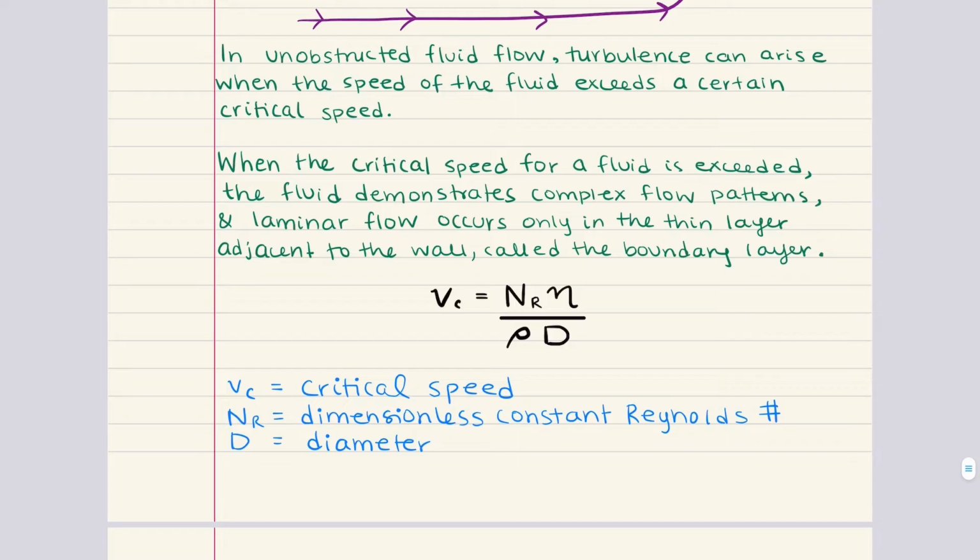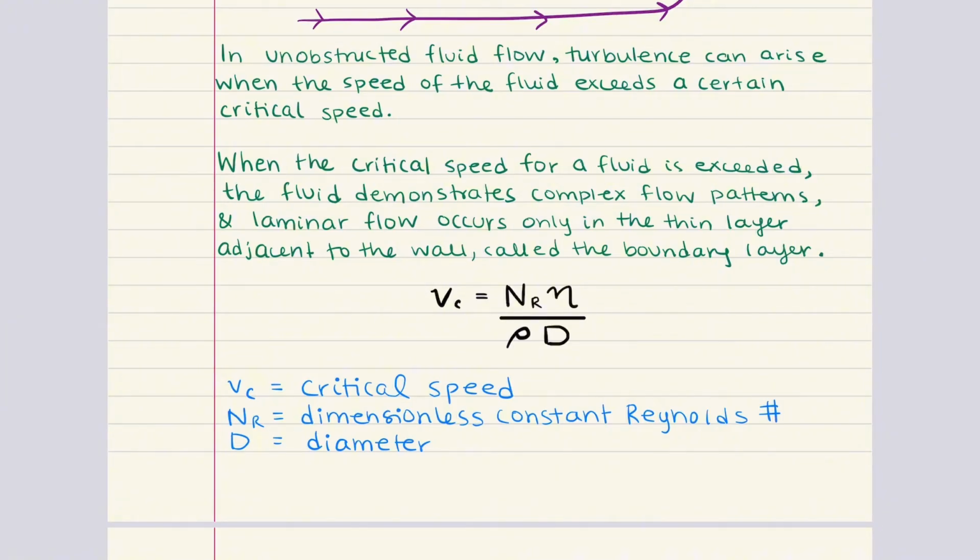When a fluid flows through a pipe or over a surface, as long as its speed remains below a specific threshold, the critical speed, it will continue to flow in a laminar manner. However, once this critical speed is exceeded, the smooth layers break down and you're going to get turbulent flow instead.